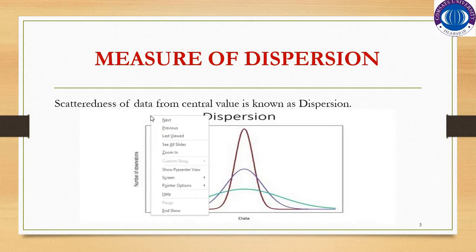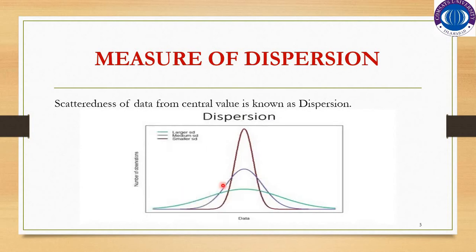Up till now, we have learned what the measure of central tendency is. Measure of central tendency means a single value which represents the whole data set. But you can have the same mean, or measure of central tendency, for two different data sets. This could be possible. So what will we do?